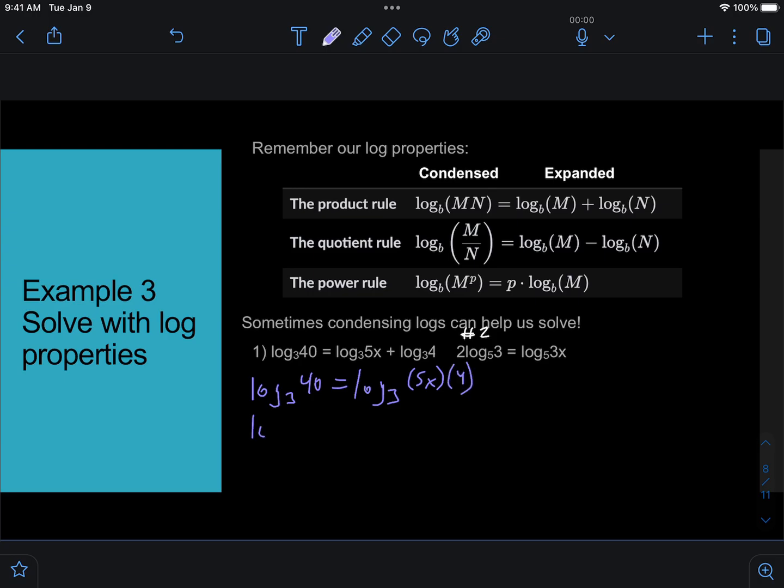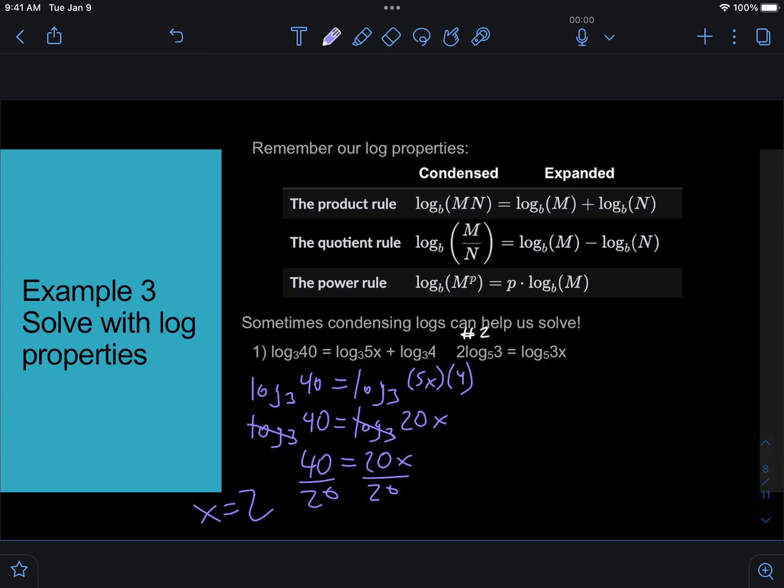That is going to make this log base 3 of 40 is equal to log base 3 of 20x. And now that we have the same log on both sides and only one log on both sides, we can cancel it out. And then now we're just solving 40 equals 20x. Divide both sides by 20, and we get x equals 2.